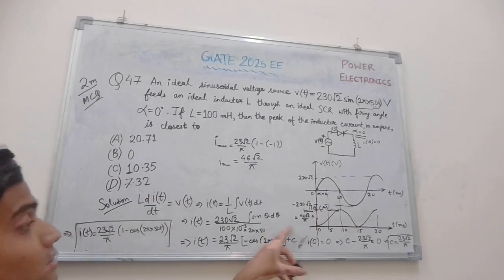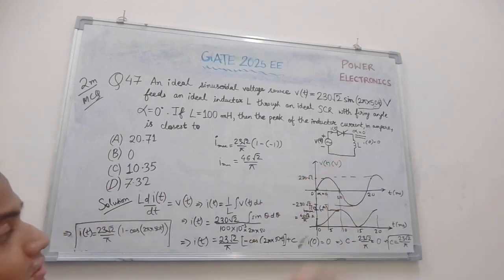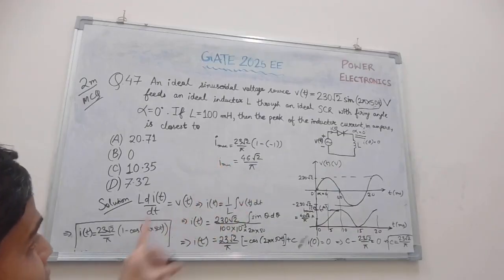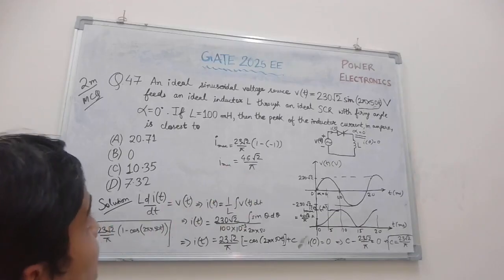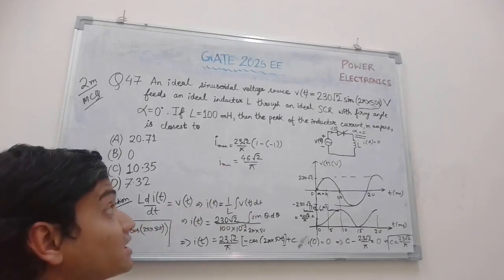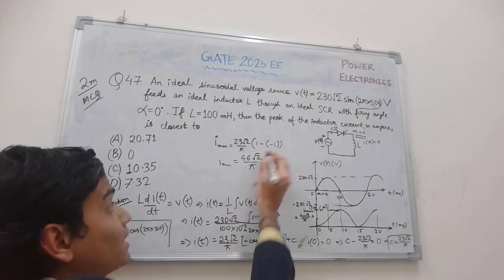This will be somewhat like this for the inductor current, and the expression will be 23 root 2 by pi into 1 minus cos 2 pi into 50t. Using this, we find the peak value of the inductor current as 46 into root 2 by pi amperes.